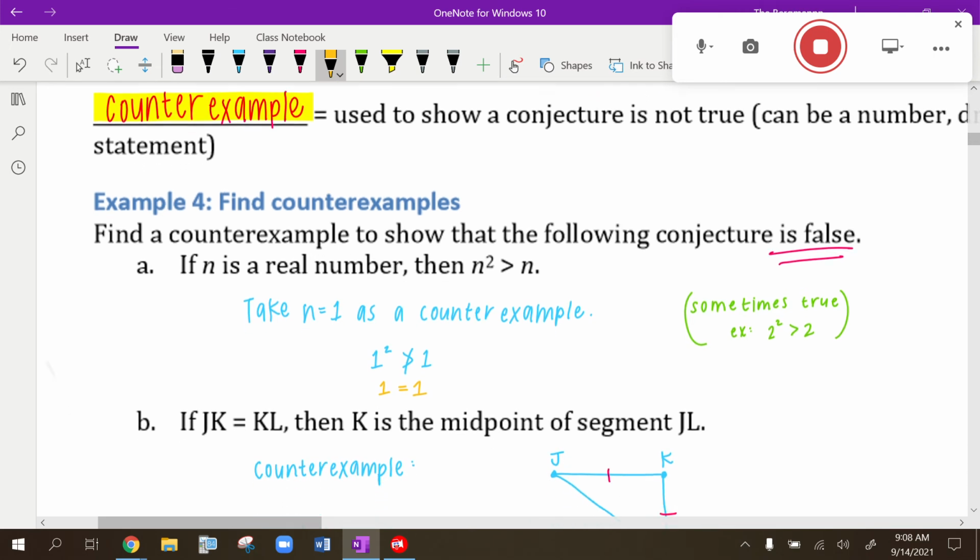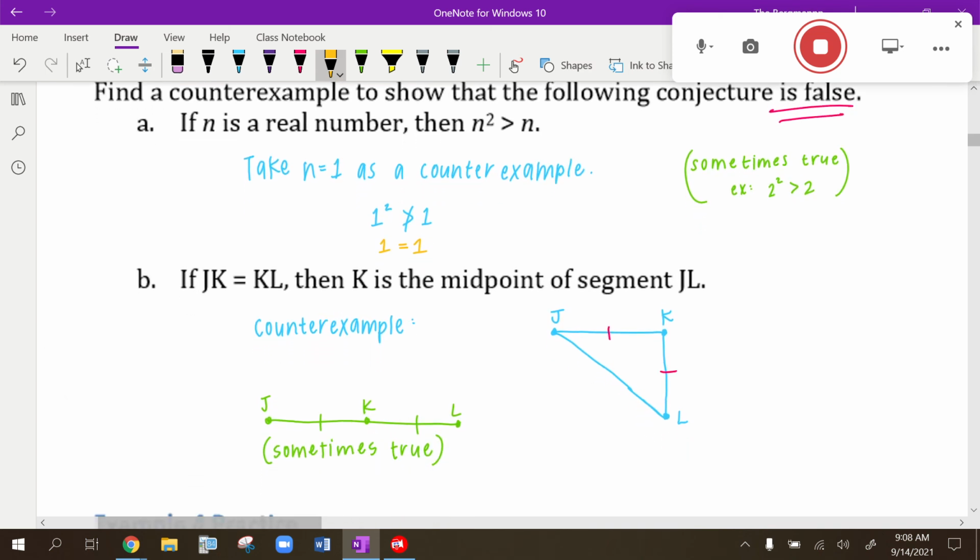But what if we took this as a counterexample? What if points J and L were not collinear? Now, is K the midpoint of segment JL? No. Segment JL does not even include point K.